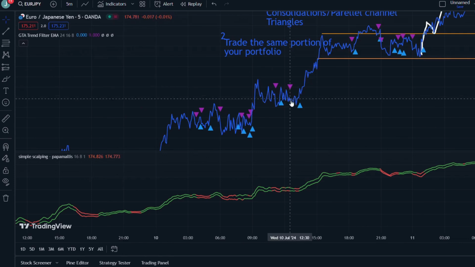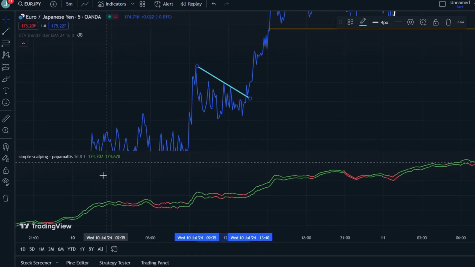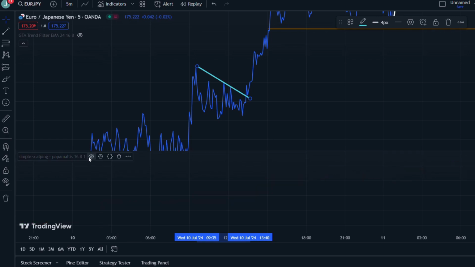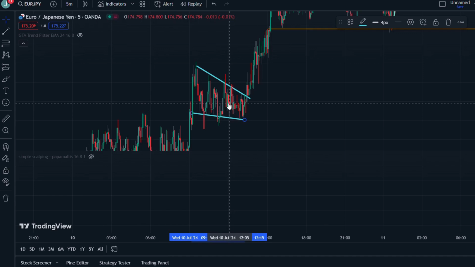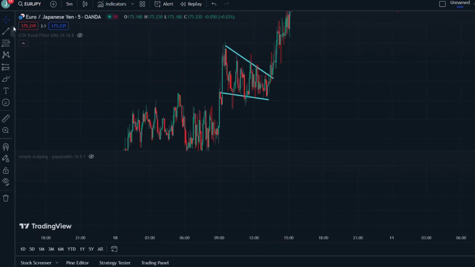Okay, here we see that we can draw a triangle. Just close the indicators as I told you before, and to see the channel next. Okay, as you can see here, we have a good triangle, and furthermore we can draw a horizontal ray.